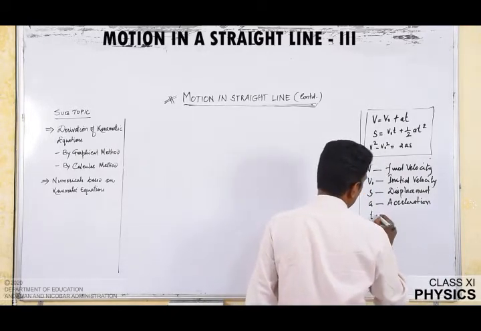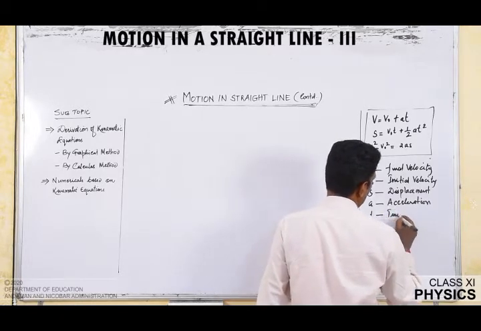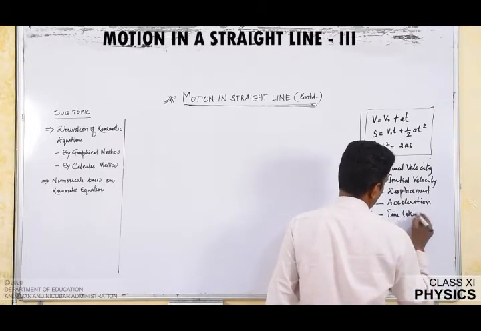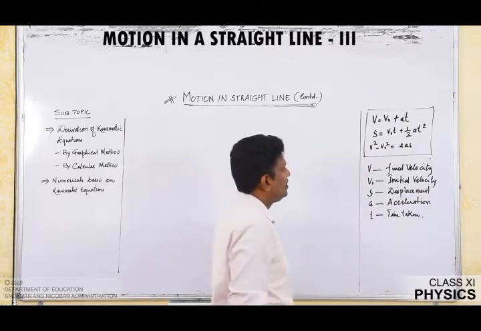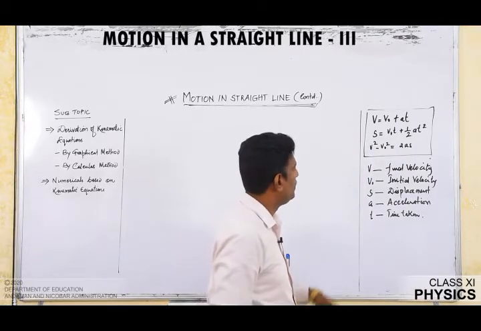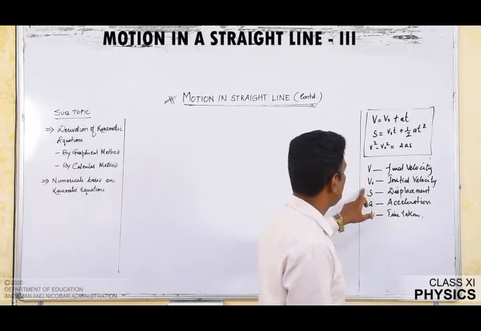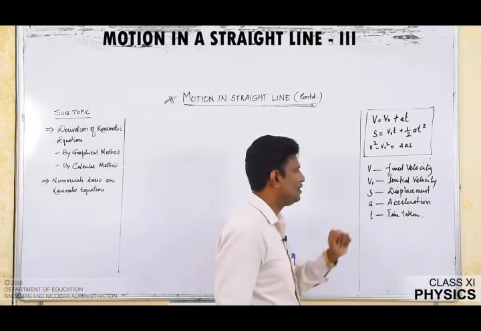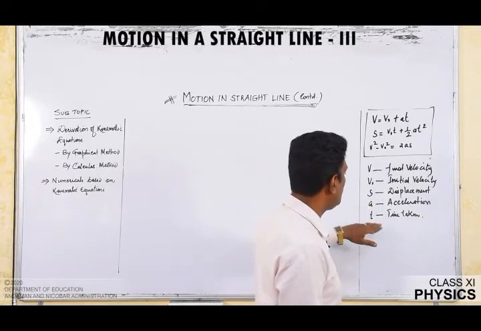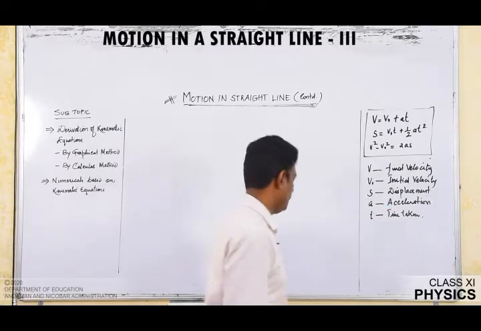Moreover, T is the time taken. So, these are the three equations which we are going to derive today, and these are the assumptions. V is the final velocity, V naught is the initial velocity, S displacement, A acceleration, and T time taken.